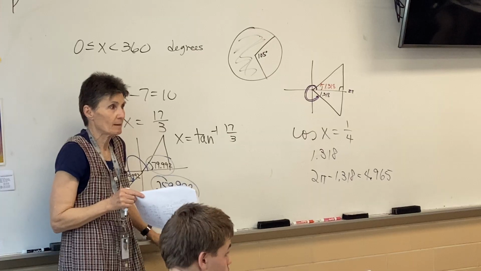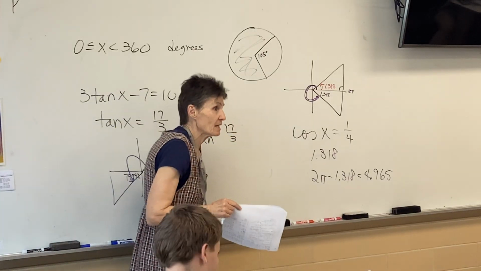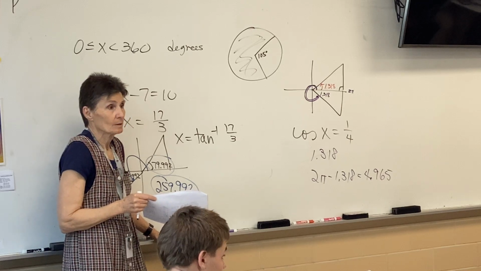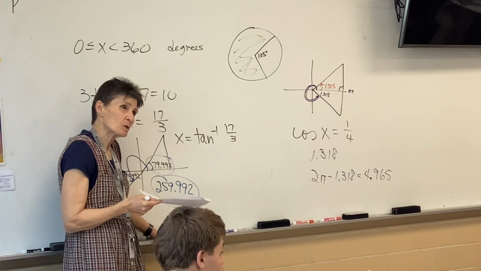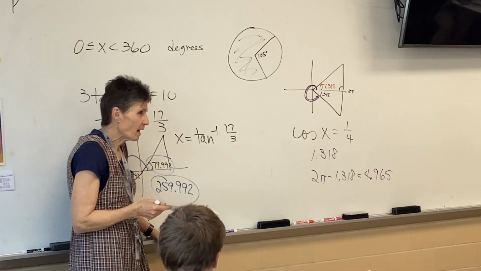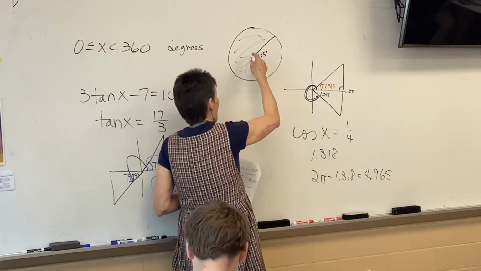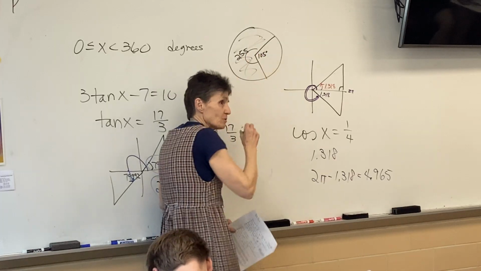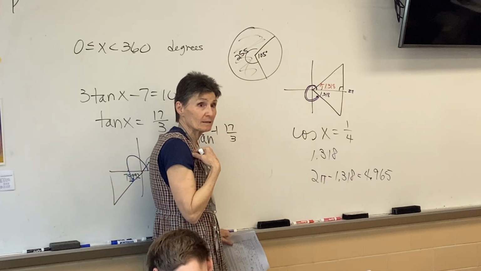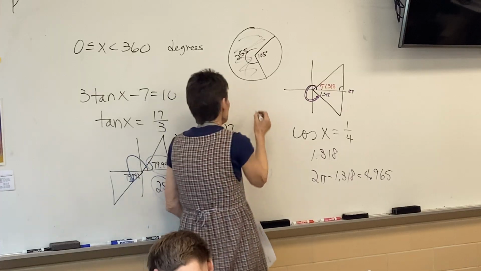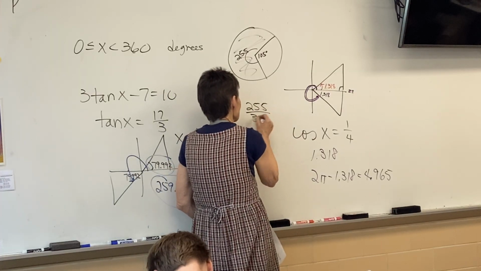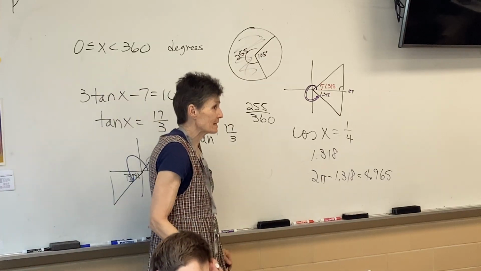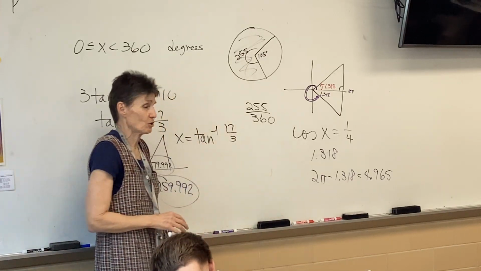This one's kind of tricky, because 105 is not the angle of the shaded. It's 360 minus that, which would be what? 255? So the actual angle for the shaded part is 255. Does everybody understand that? I'm doing the shaded. So 255 out of 360 is shaded in this picture.